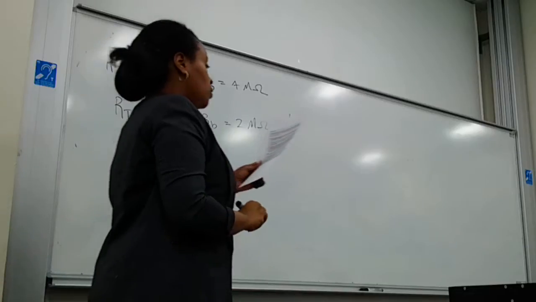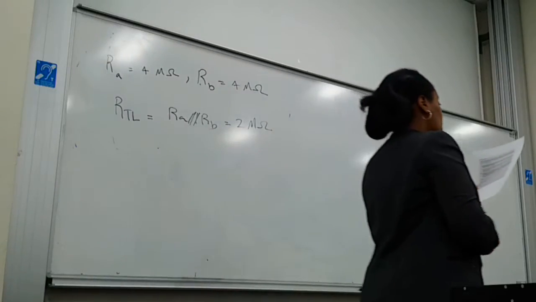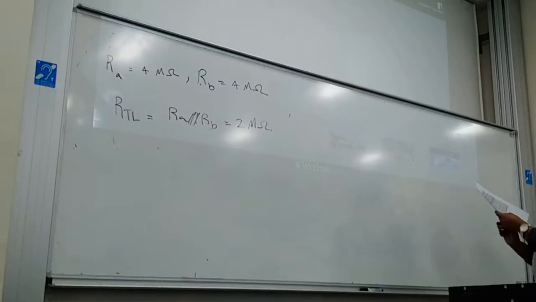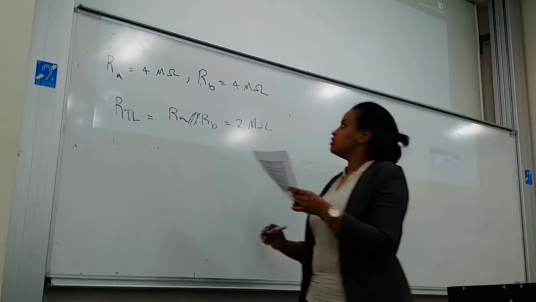So in A, they want the maximum bandwidth that may be obtained without equalization if the total capacitance is 6 picofarad.